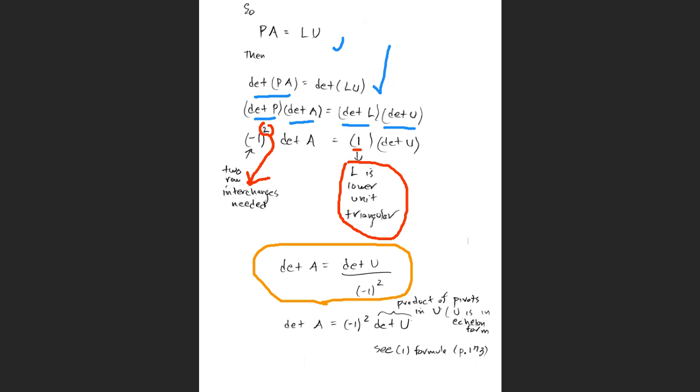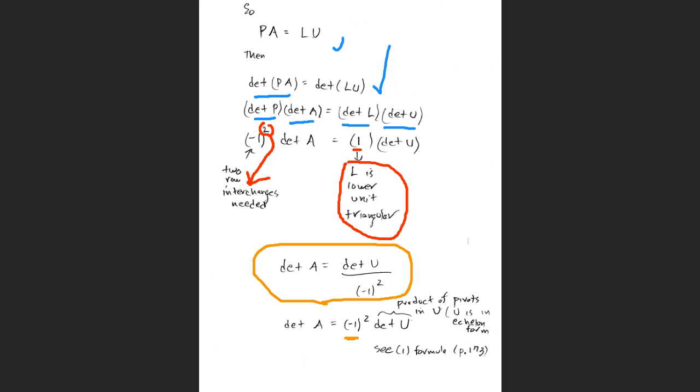But negative 1 squared, you can just bring that to the top. That's not a problem. And so in other words, this is how MATLAB can compute a determinant, right?